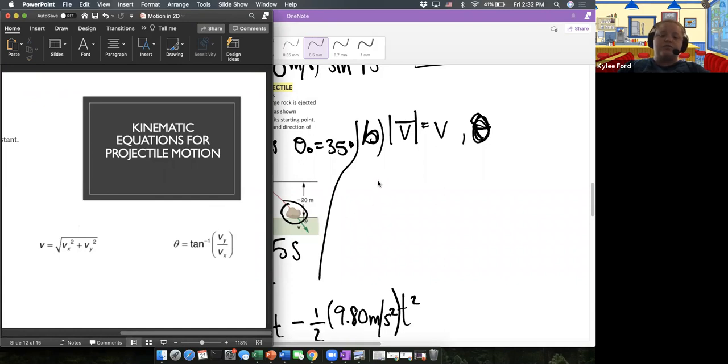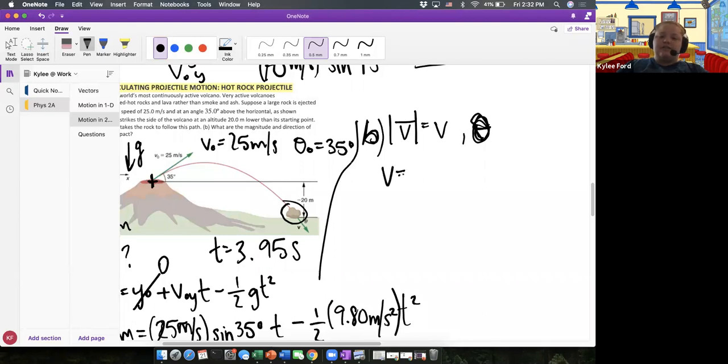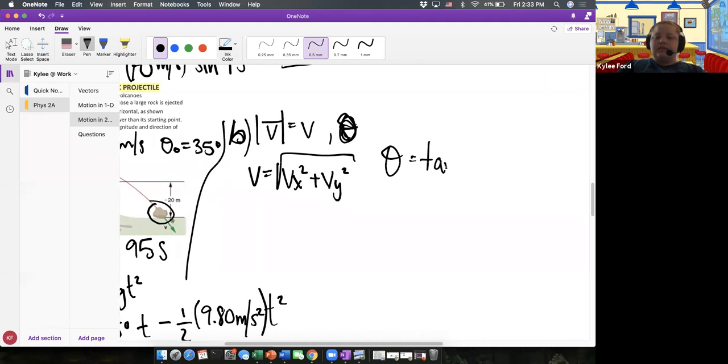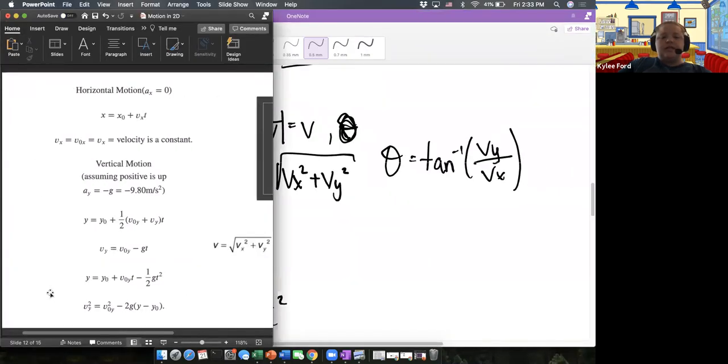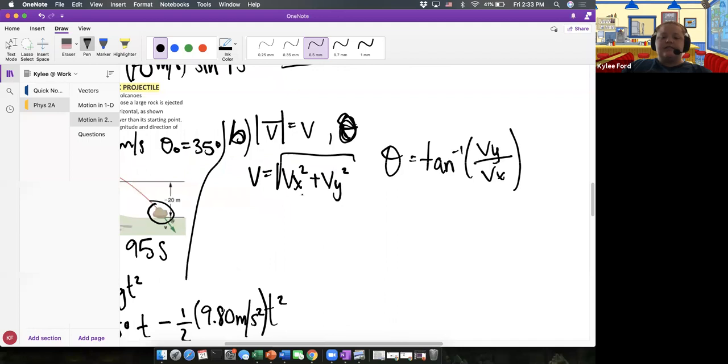Those are the two main equations that we need to solve. That means I need to find these two values, my vy and my vx. We know our initial values for each one.